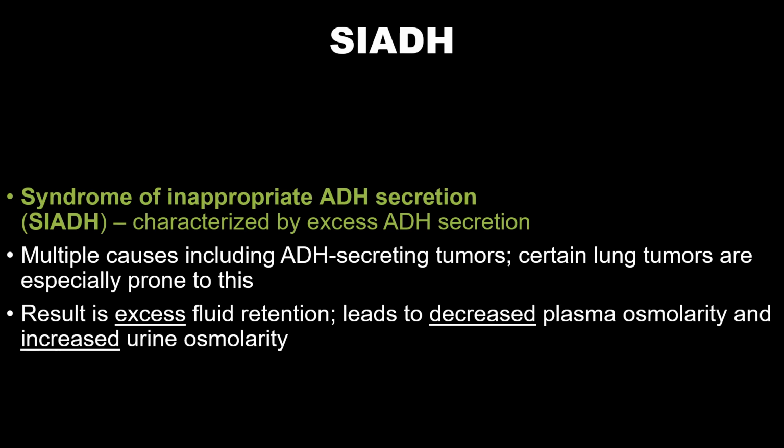But regardless of the cause, the result is the same: excessive fluid retention that leads to a decreased plasma osmolarity and a high urine osmolarity. So this is just one of those conditions that can result in increased urine concentration.